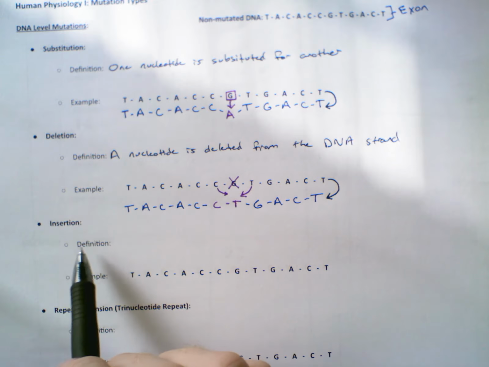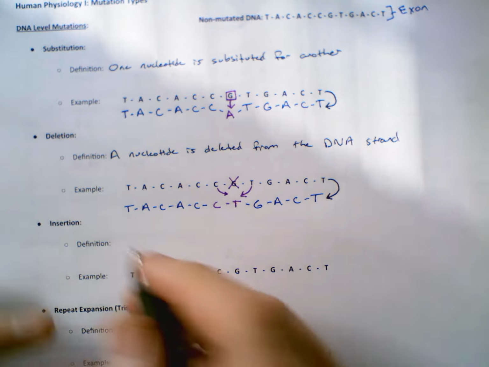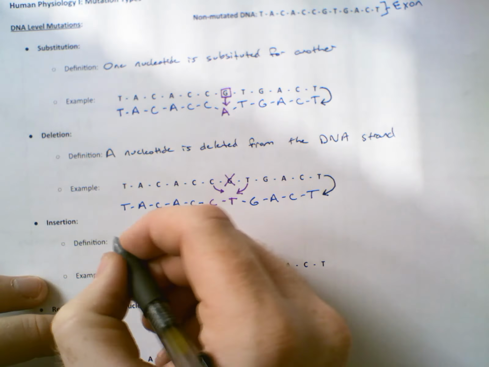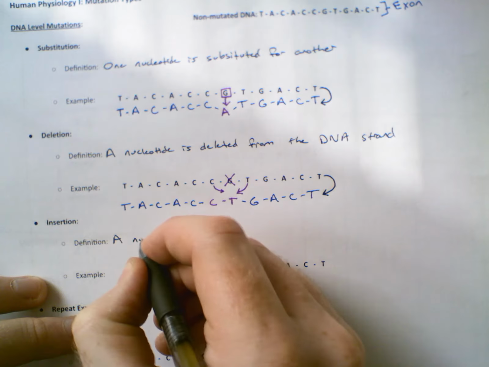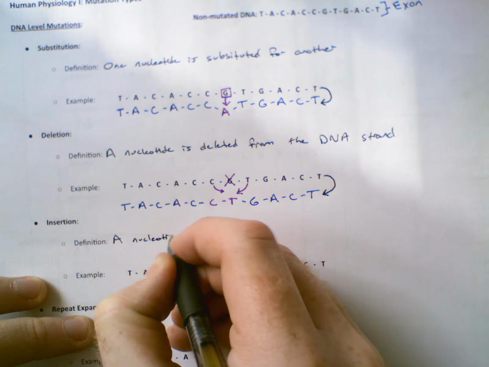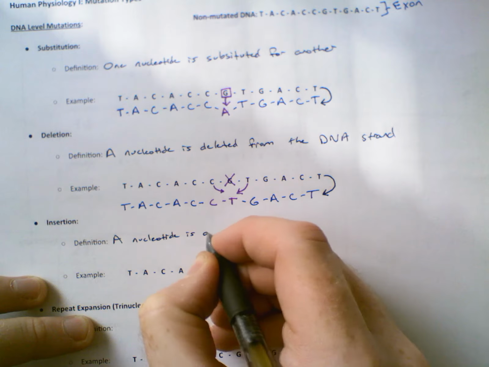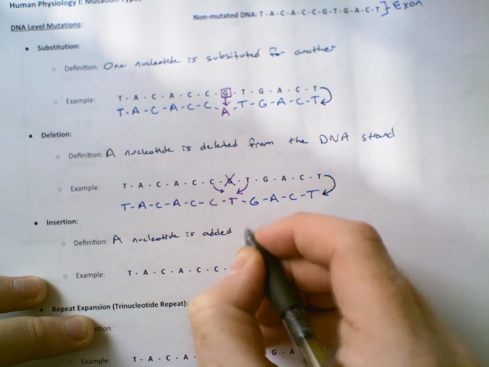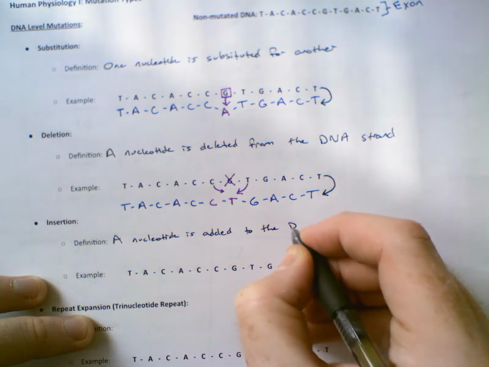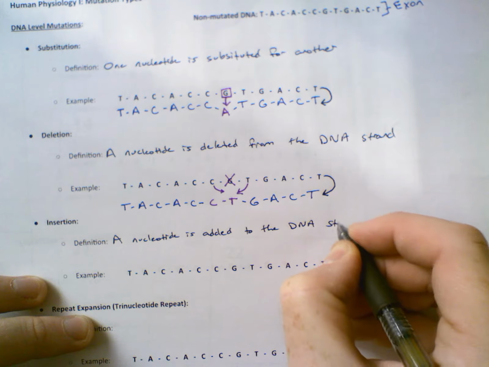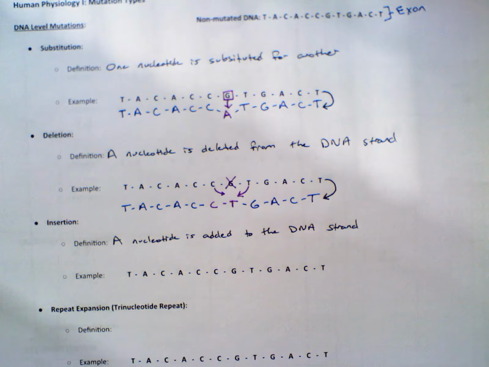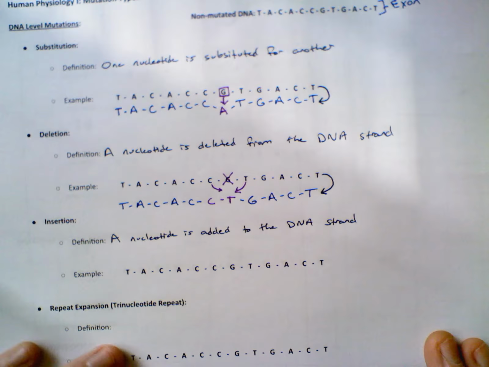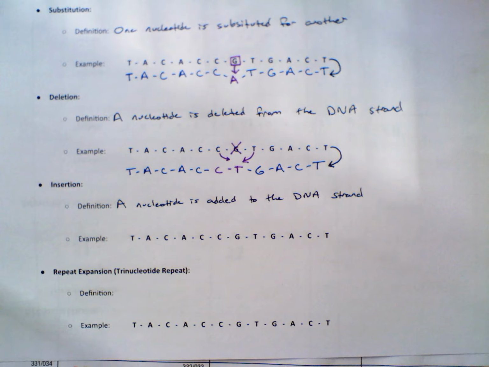All right, next up would be an insertion. This one, just like what it sounds, we're adding a nucleotide to the strand. So a nucleotide is added to the DNA strand. So in this case, let's add an adenine.